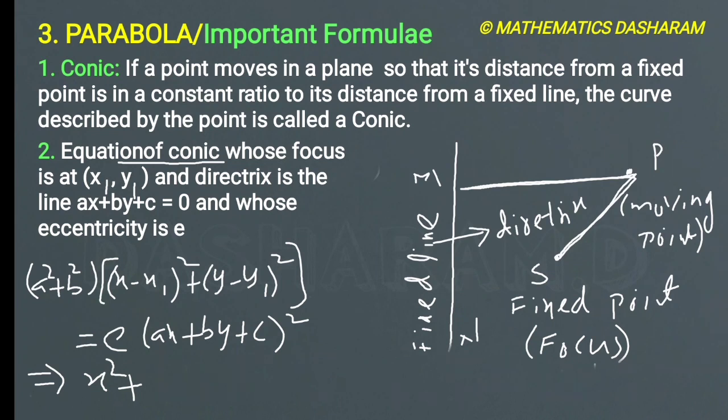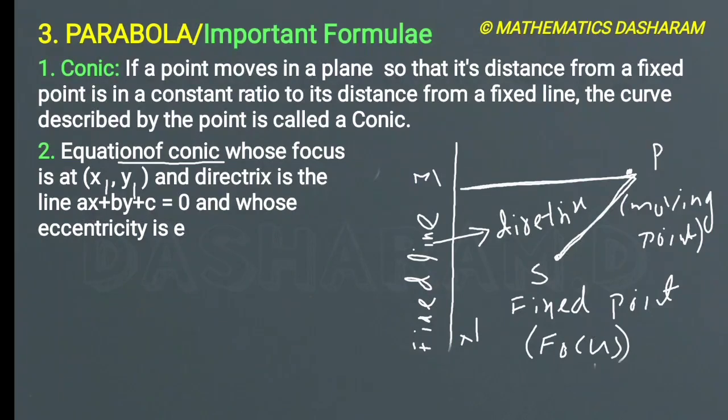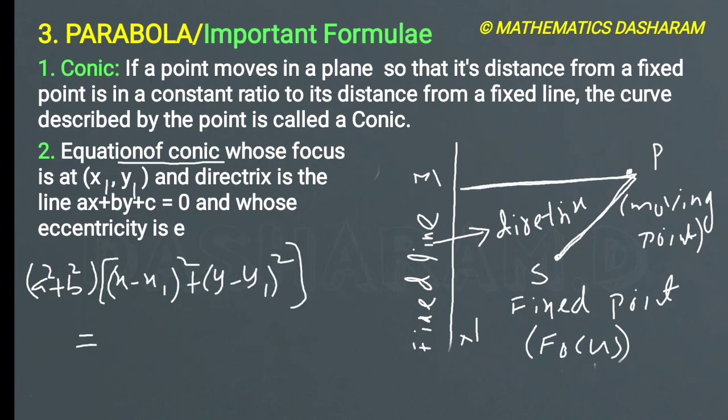If you simplify this, you will get an equation of second degree in the variables x and y, which is ax square plus 2hxy plus by square plus 2gx plus 2fy plus c equals 0. That is, (a square plus b square) times [(x minus x1) whole square plus (y minus y1) whole square] equals e square into (ax plus by plus c) whole square.